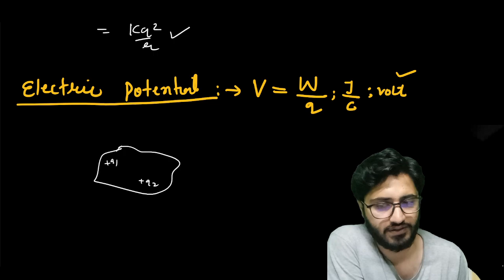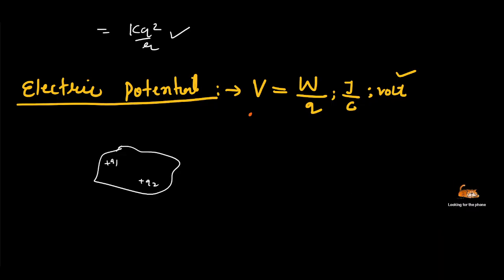Now at this particular point, I have a charged particle, and its magnitude is 1 coulomb, that is unit charge. I have to bring it to the point P, but the condition is that it is brought slowly, acceleration is 0.